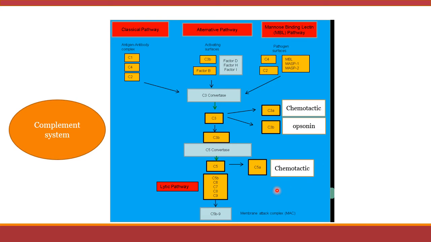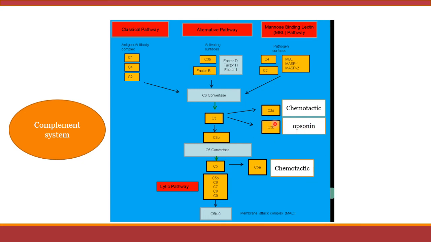Then there are other functions, especially attacking the membranes of the bacteria. So the main component of the complement that will help as an opsonin to coat bacteria to facilitate the process of phagocytosis is complement 3B.